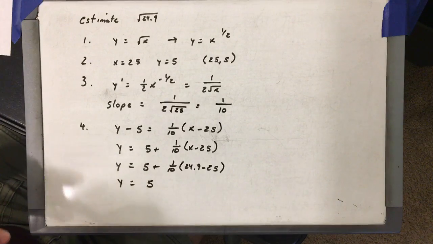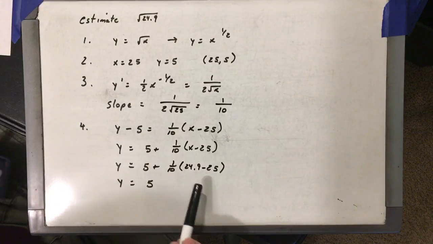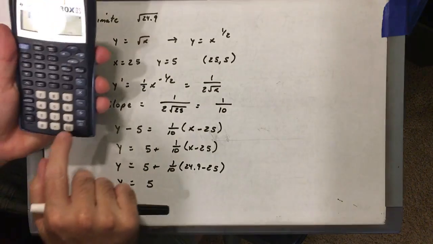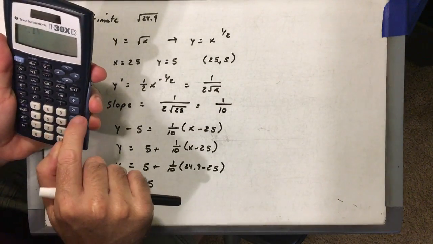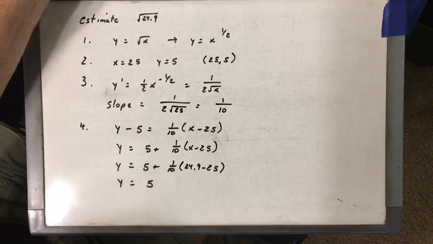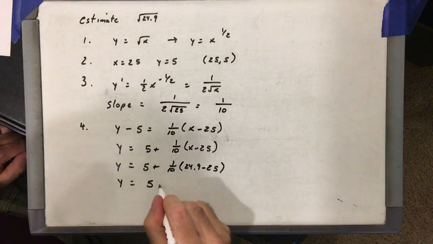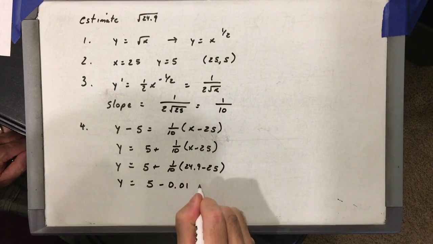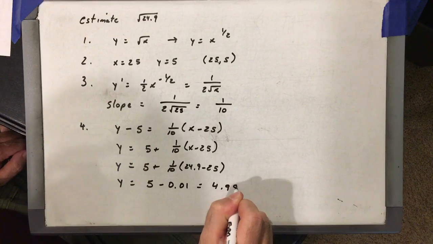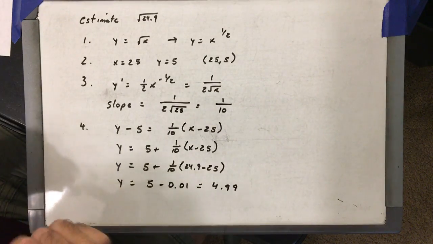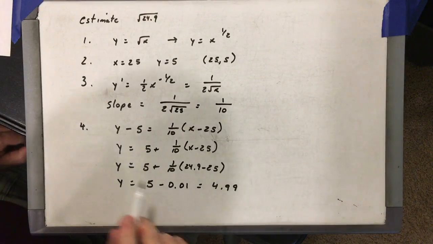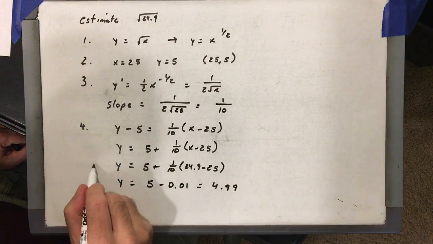All right, so I'm going to see what that is real quick. So that's negative 0.1. Okay, negative 0.1 divided by 10, because it's 1/10. So that's minus 0.01. So that's going to be 4.99 is our estimate. Okay, so that plug-in x was this step here, step 5.